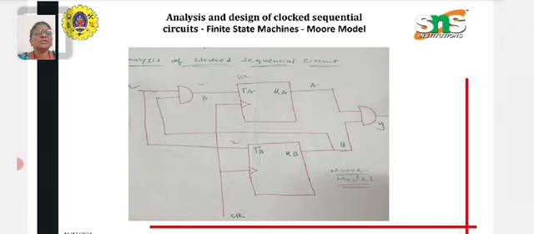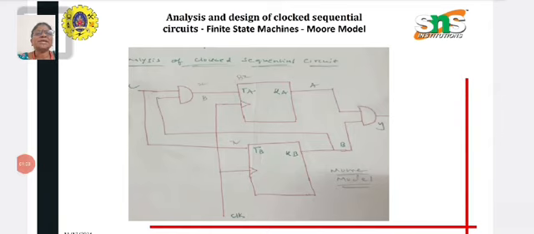Here we have two AND gates and two flip-flops, that is, T flip-flops. In the previous Mealy model, I had taken D flip-flops, and here I have taken T flip-flops for the Moore model. As usual, we have a primary input and primary output, and two outputs of the flip-flops, TA and TB, that is T flip-flop 1 and T flip-flop 2.